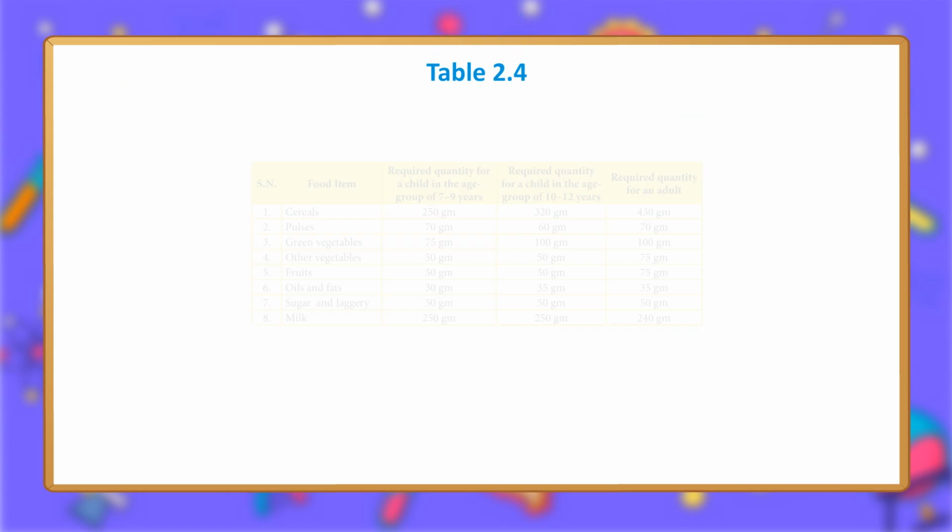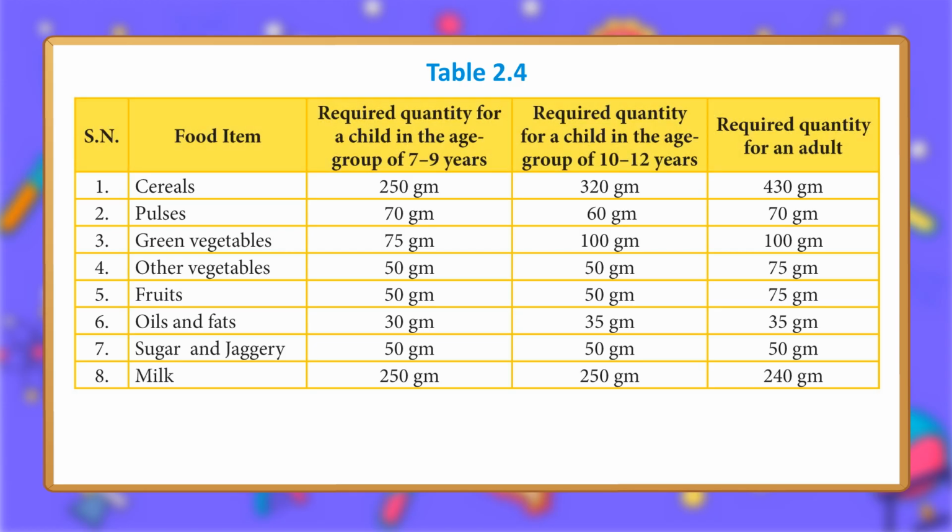Table 2.4. Food item. Required quantity for a child in the age group of 7 to 9 years, for a child in the age group of 10 to 12 years, and for an adult.